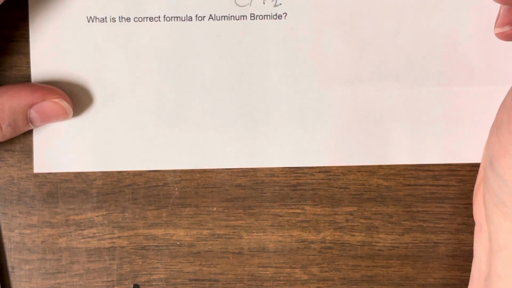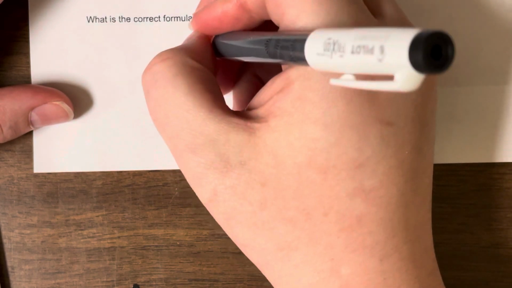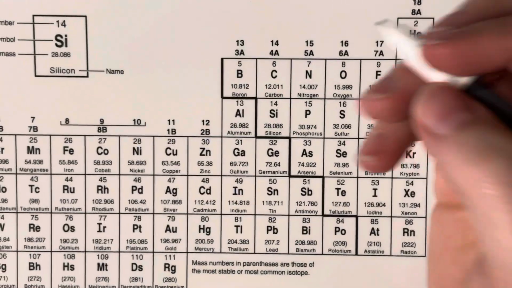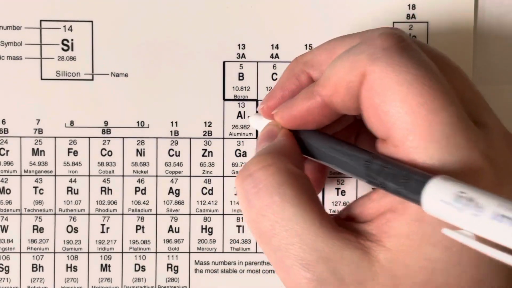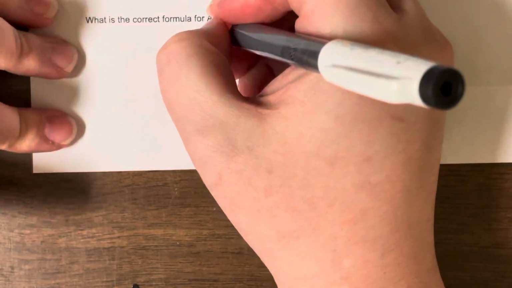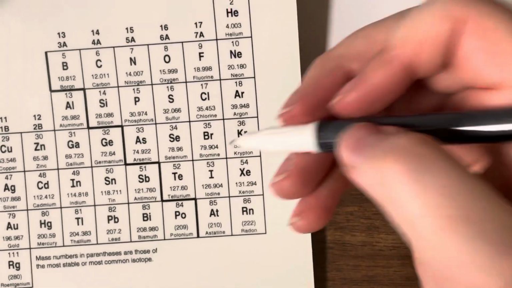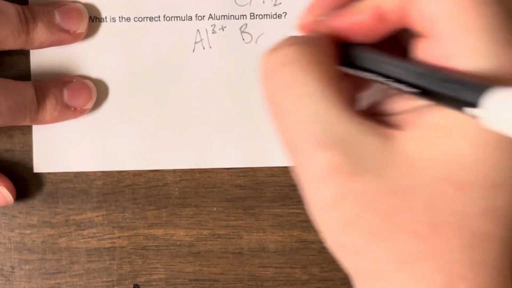What is the correct formula for aluminum bromide? Aluminum has the symbol Al. It is not in the first 2 columns, however, it is part of cadmium, so I do have the memorized charge for aluminum as +3. And bromide is secretly bromine. Bromine has the symbol of Br, and it is in the 7th column, which means it has 7 valence electrons.